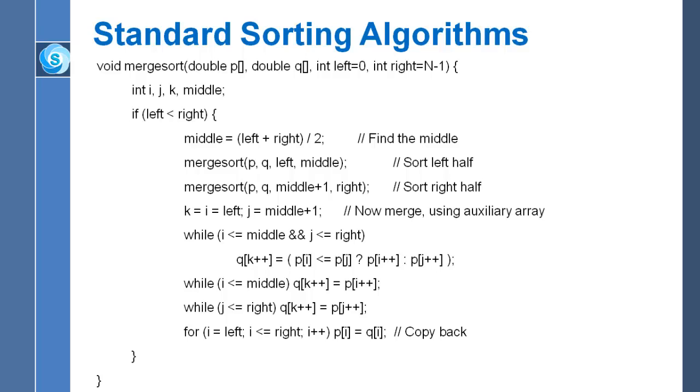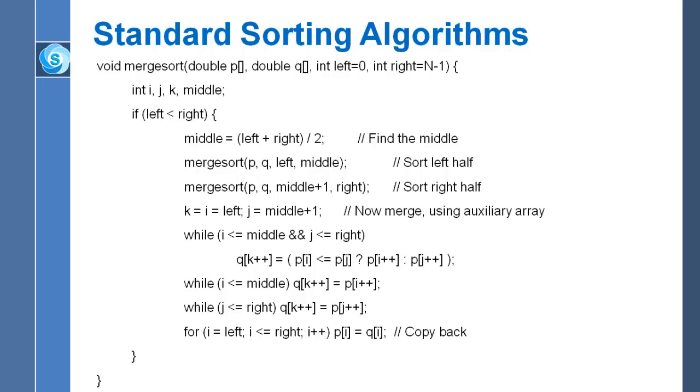The upshot is, the portion of the original array from position left to position right will, at this point, have been copied in a sorted manner into the auxiliary array.